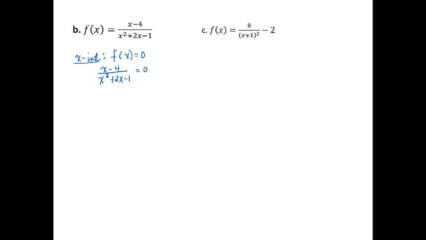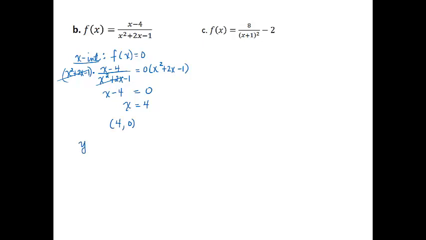If we multiply each side by this LCD, which is the denominator x squared plus 2x minus 1, on the left that simplifies to x minus 4, and on the right 0 times anything is 0, so the x-intercept is (4, 0).